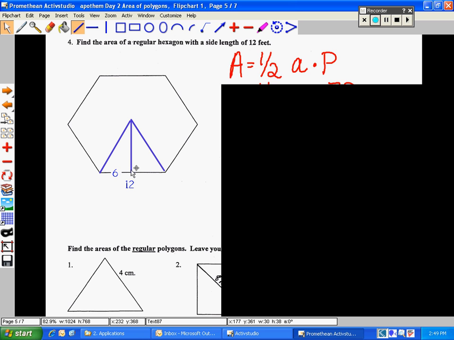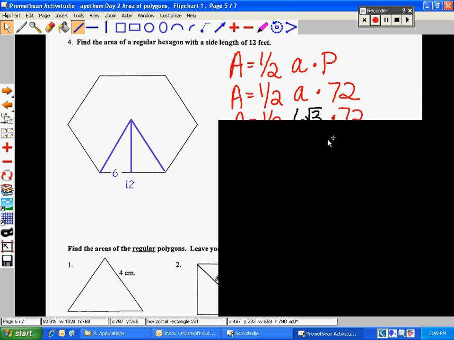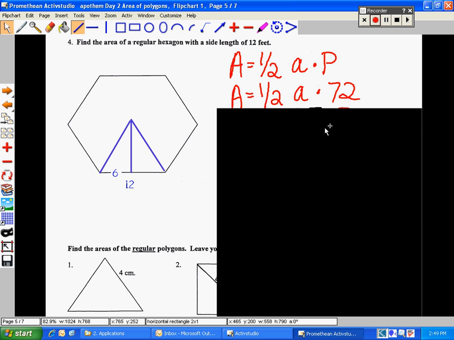If the short leg is 6, and this is a 30, 60, 90 triangle right in here, then the long leg is 6 root 3. So now I can fill in. The area equals 1/2 times the apothem times the perimeter.